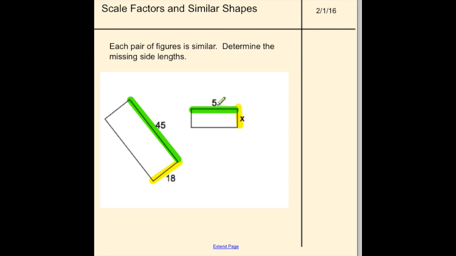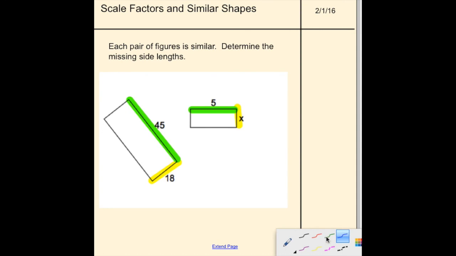Okay, so going from the big to the little, I could look here and I could say, well, 45 times what gives me 5? And some of you are already saying, divide by 9 to get from 45 to 5. So I'm going to multiply by 1/9, which is the same as dividing by 9, I would like to remind you.